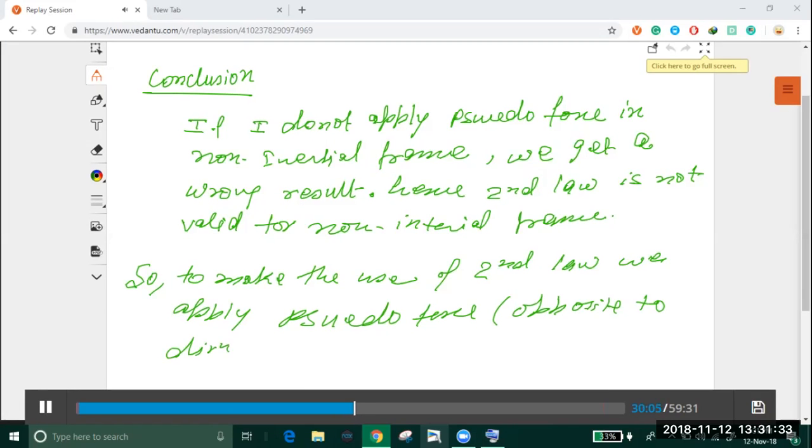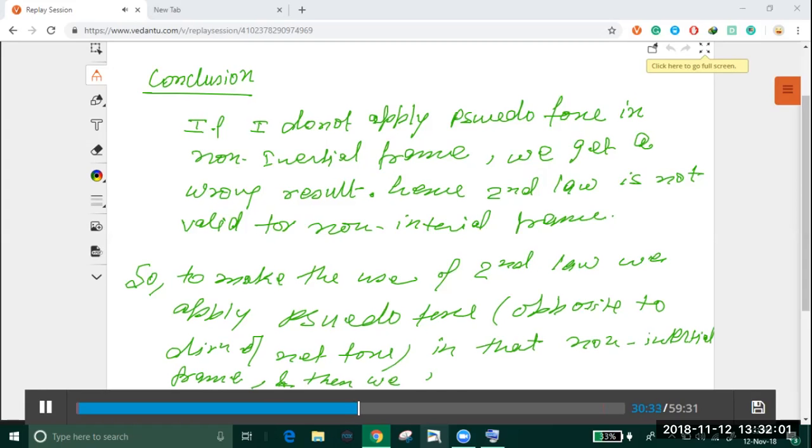We apply pseudo force in that non-inertial frame, and then we apply the second law.